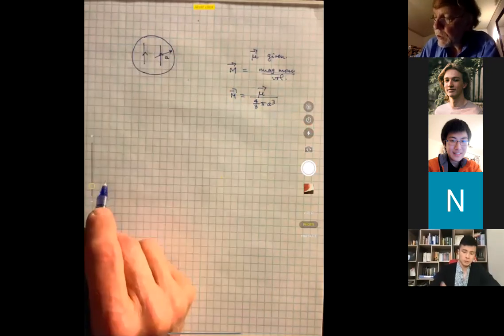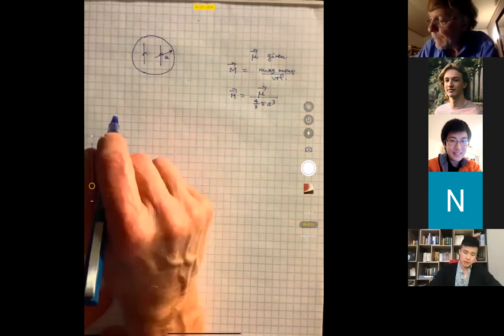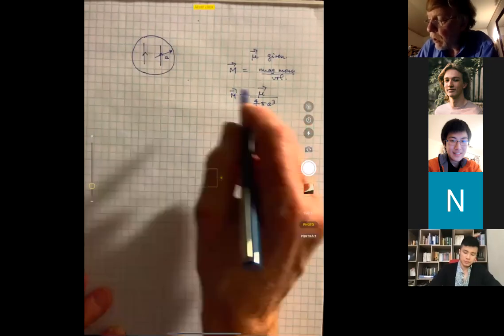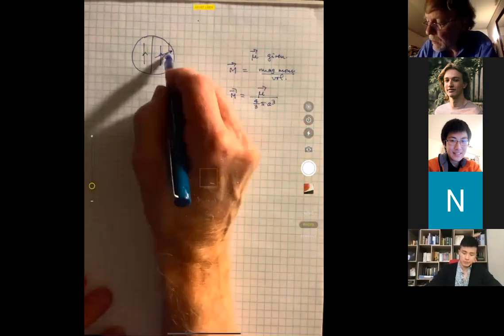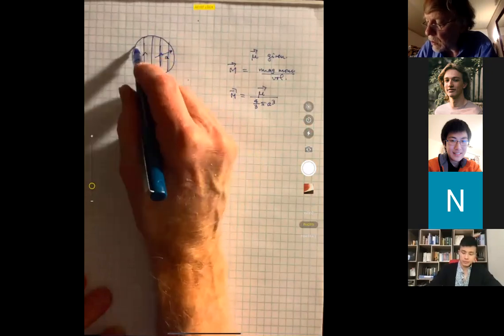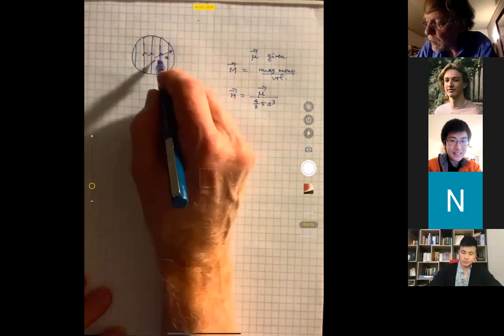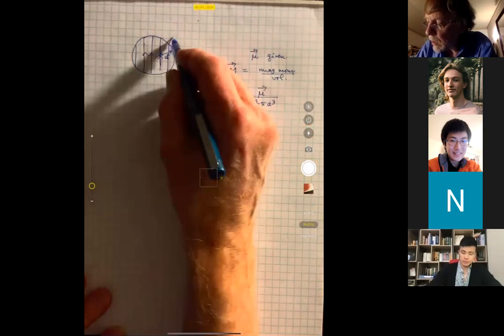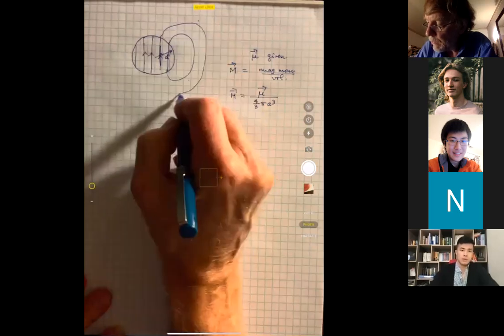Now, if you remember how the story goes from Griffiths's book, when you solve for the fields, you find that the magnetic field inside the uniformly magnetized sphere is in the same direction as the magnetization, and it is, moreover, uniform itself inside the sphere. But outside, it creates a dipole field.